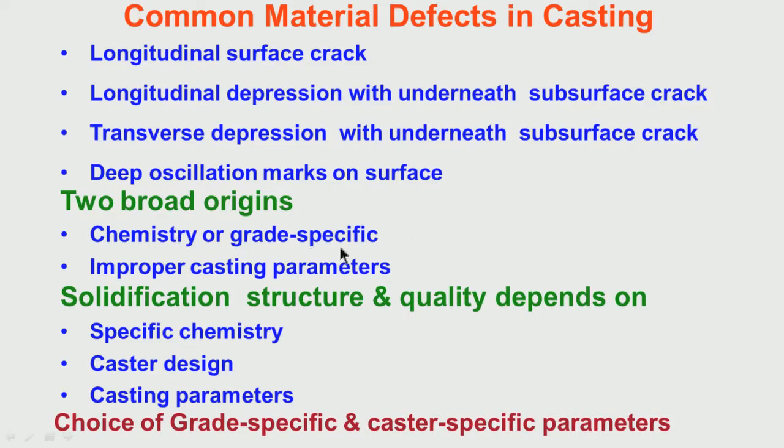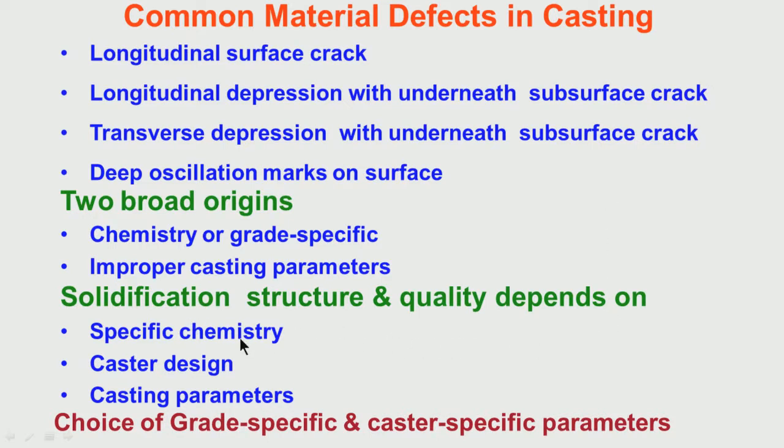So the chemistry of that grade is an origin, or improper casting parameters. Everything was okay, but the casting parameters were not properly selected. There was a sudden increase in maybe speed, a sudden fluctuation, that might create some defect. So this is again important.